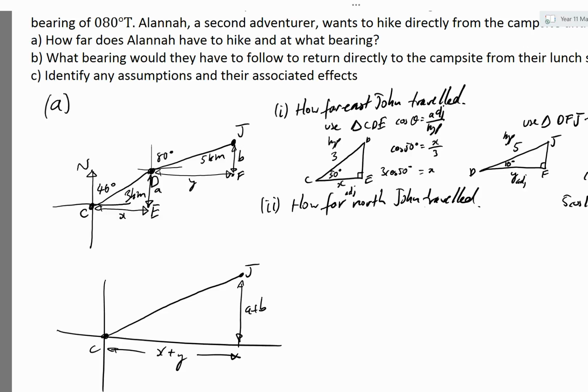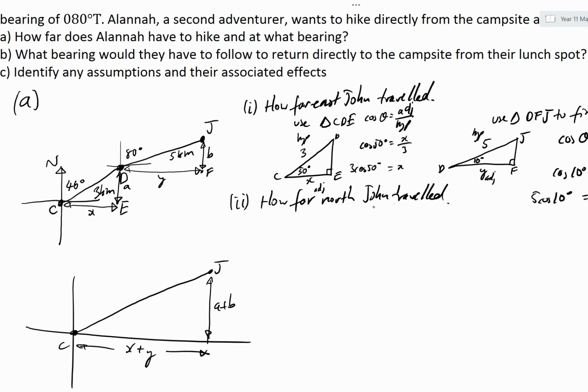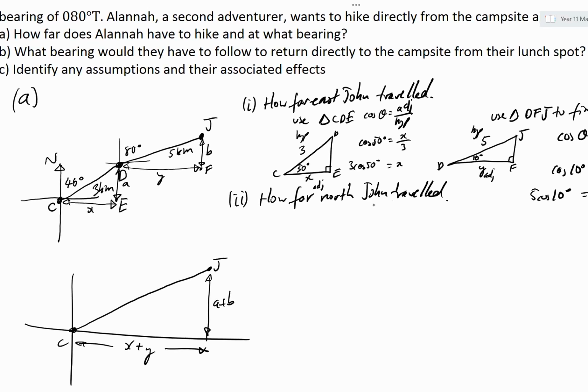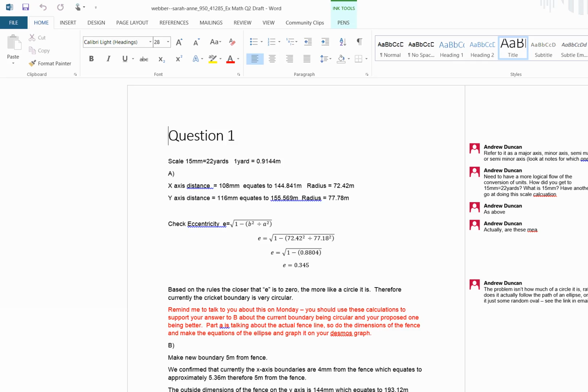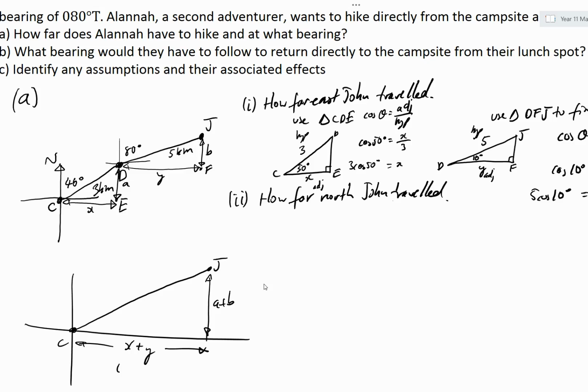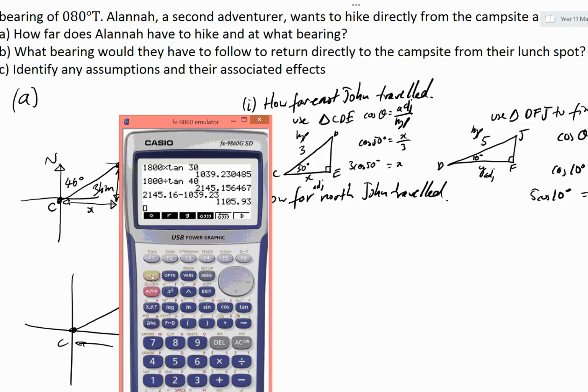Okay, and if I add these two together, I'll find how far east John travelled to be able to put on my diagram down here. Okay, so, I don't know what this is. There we go, to the calculator.